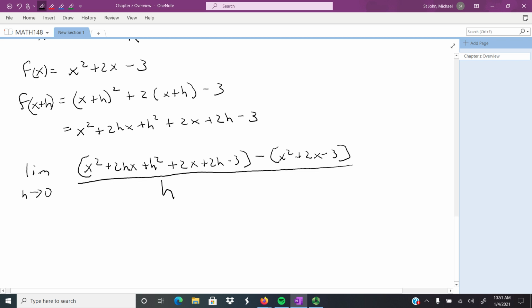And now we can do some canceling. So we get an x squared minus x squared, 2x minus a 2x, minus 3 minus a minus 3. So all of those go away.